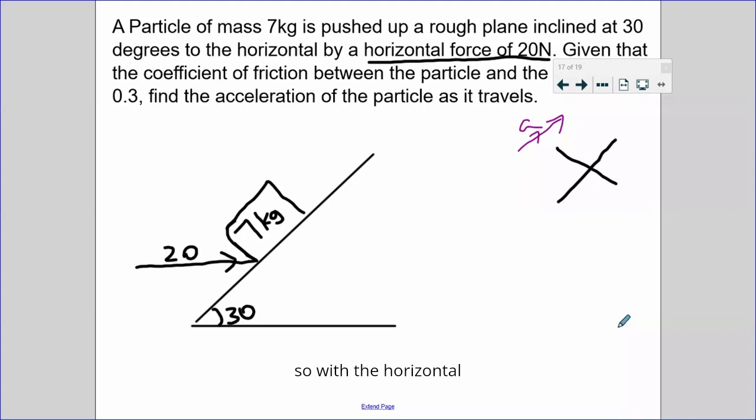Right. So with the horizontal forces, okay, we just draw a quick triangle, which will allow us to get forces in the same direction as the plane and perpendicular, right?